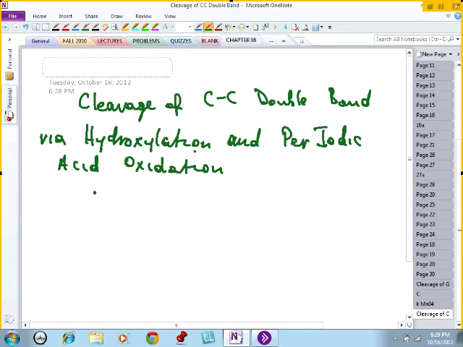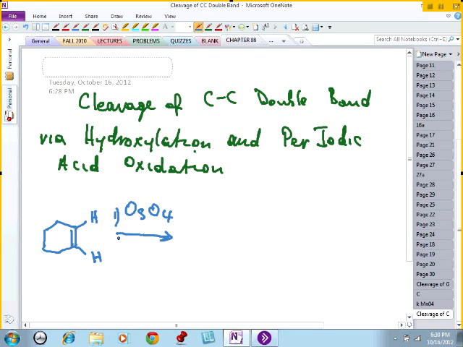I could take a carbon-carbon double bond and react it with this molecule here, osmium tetroxide.